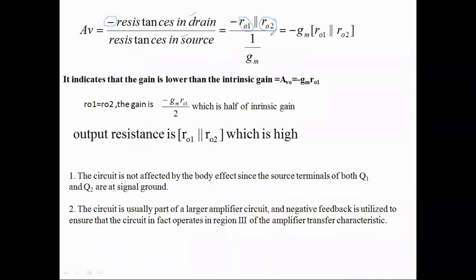So that finally you get minus gm into ro1 parallel to ro2 for the CMOS common source amplifier.